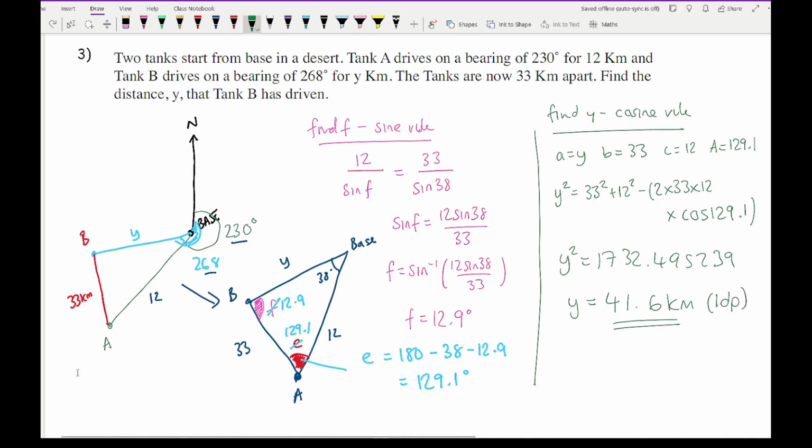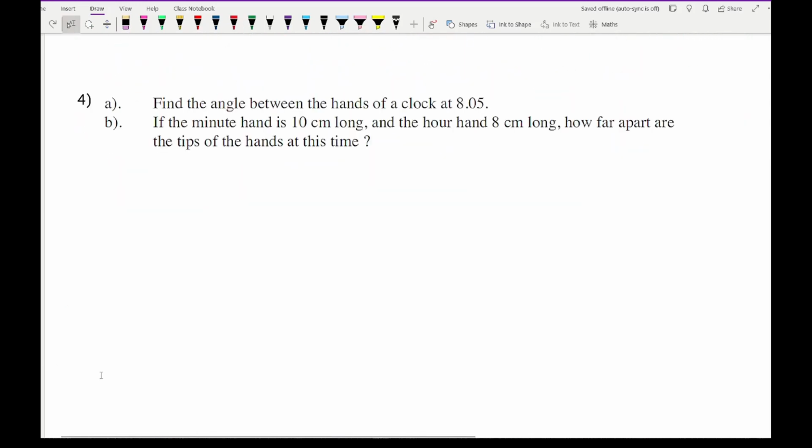And there we go. Moving on to question 4, it says: find the angle between the clock hands at 8:05. So if you imagine we've got a clock, which is poorly drawn, let's start by marking the points: 12, 1, 2, 3, 4, 5, 6, 7, 8, 9, 10, 11.